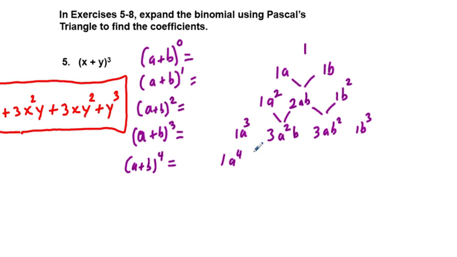We're going to have 1 plus 3, which is 4 A cubed B, and then 3 plus 3 is 6 A squared B squared, right? Plus 4AB cubed, and on the outside we're going to have B cubed.